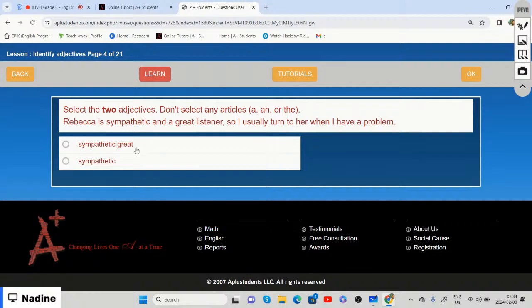So we need to select two adjectives, and remember, do not select articles a and the. Rebecca is sympathetic and a great listener, so I usually turn to her when I have problems.